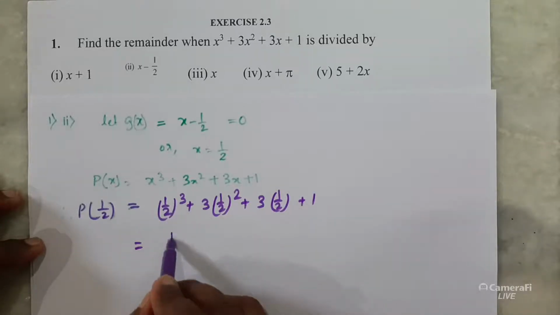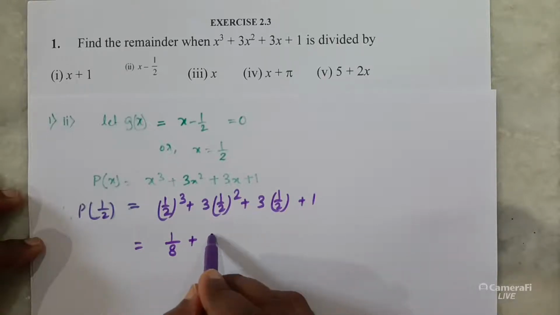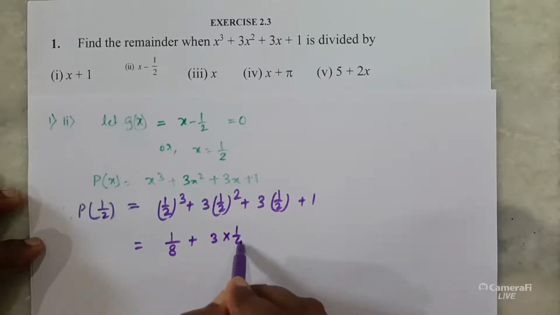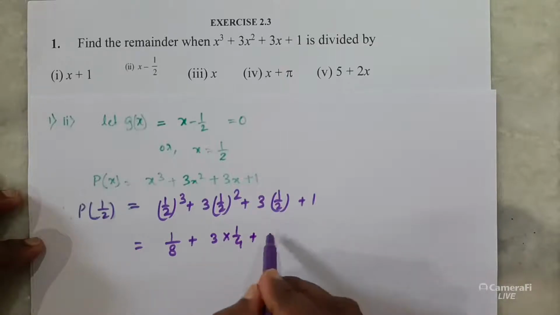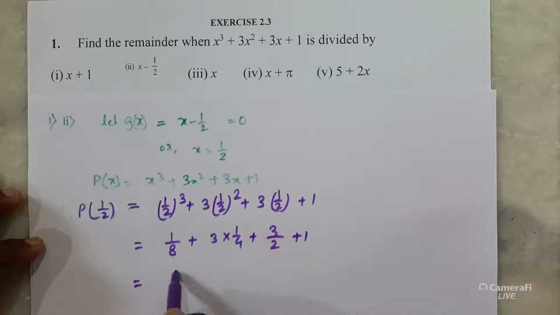Half cube means 1 by 8, half square means 3 into 1 by 4, plus 3 into 1 by 2 means 3 by 2. So 1 by 8 plus 3 by 4 plus 3 by 2 plus 1.